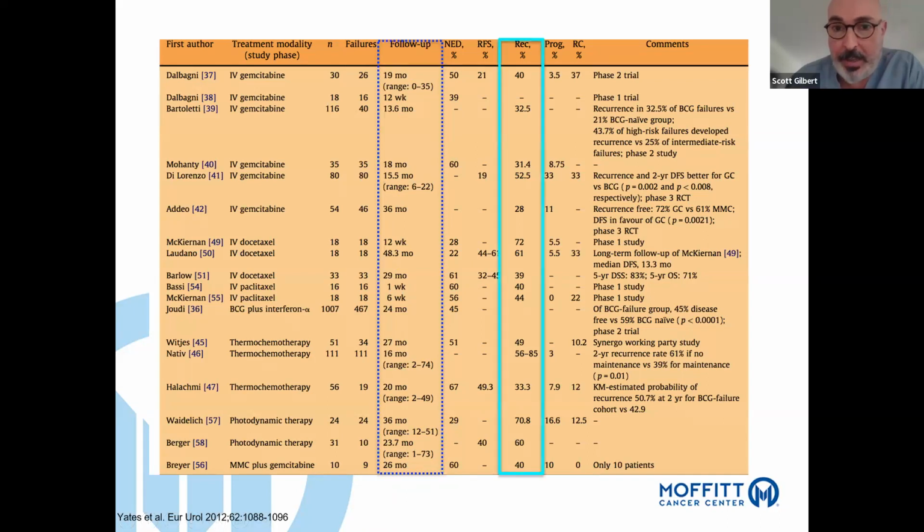And within that follow-up, the response rates are, although variable, and some of them fairly favorable, like 50% and 40% and 44%, many of them are about 30%. So a marginal tick up from what we saw with the conventional agents. But again, a large signal that there's a lot of room to improve and work on newer strategies for these patients.